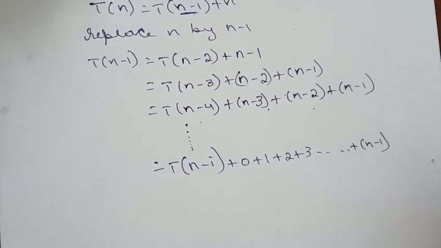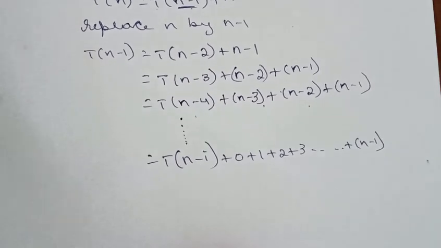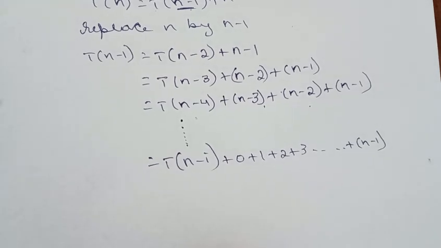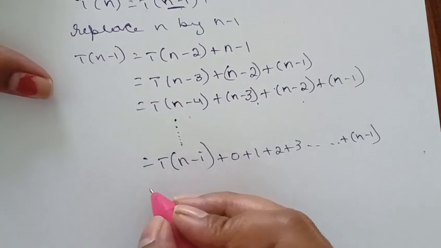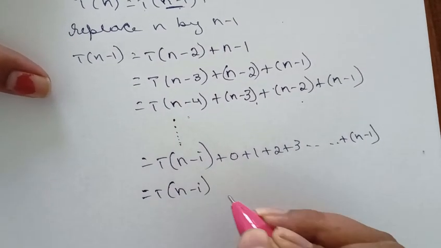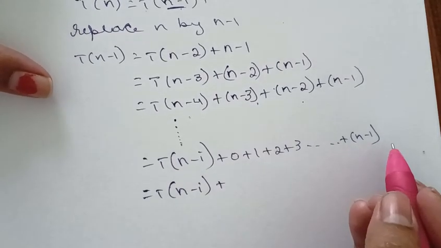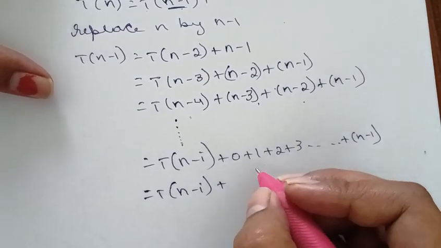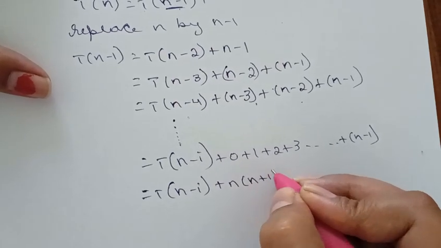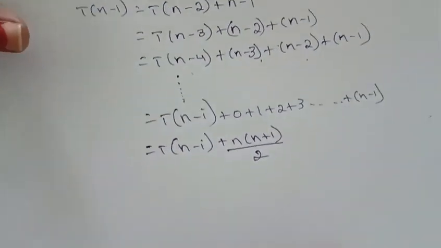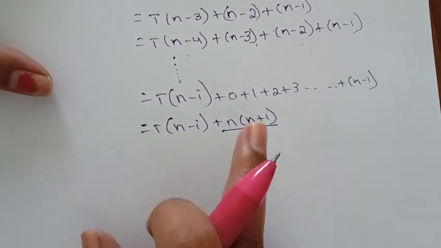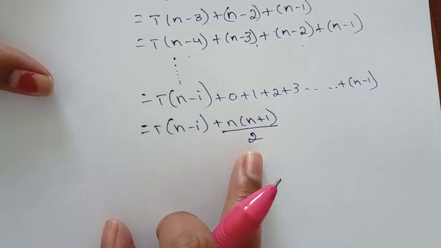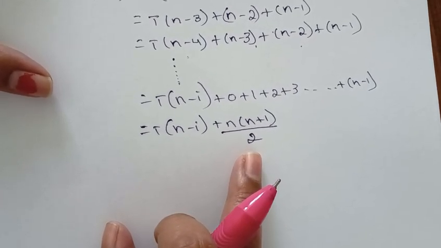This is our standard formula, the arithmetic progression, so I can write it as n into n plus 1 divided by 2. This is the standard formula for arithmetic progression.